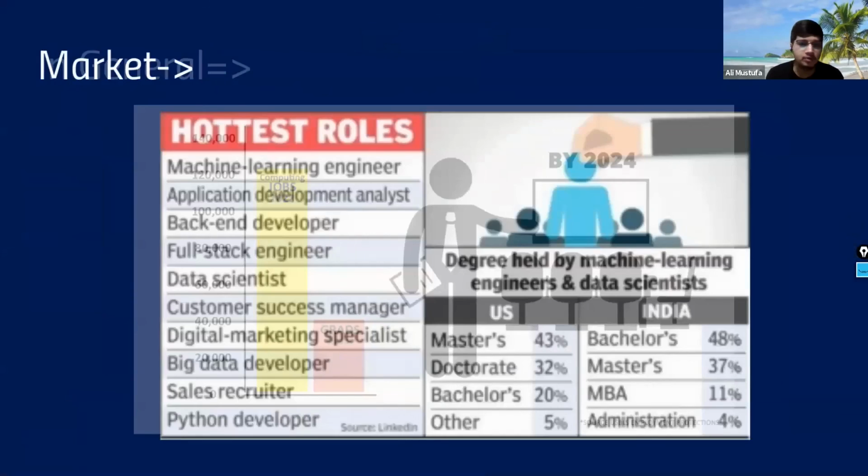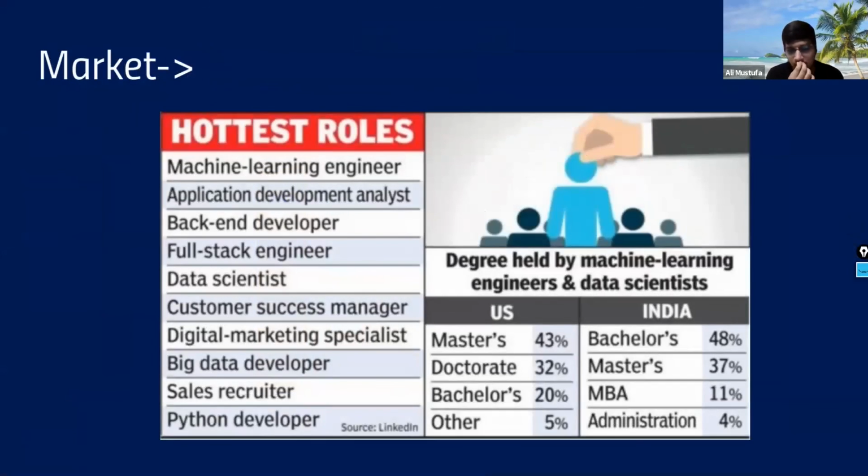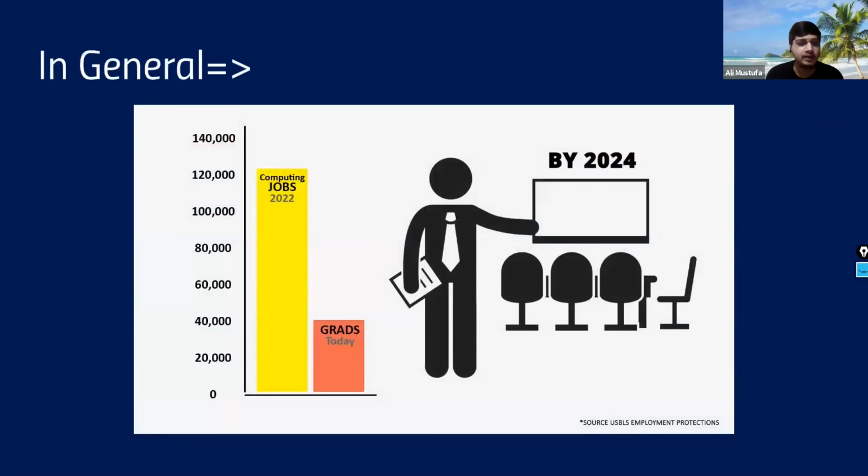Also, about the jobs in the market, you'll see a lot of jobs like machine learning engineer, application developer, full stack engineer, data scientist, the hottest job as of now, and sales editor is also one of the highest paid jobs as of now. Python developer is also one of them. And in general, by 2024, IT jobs are going to increase. Don't take my word for it.